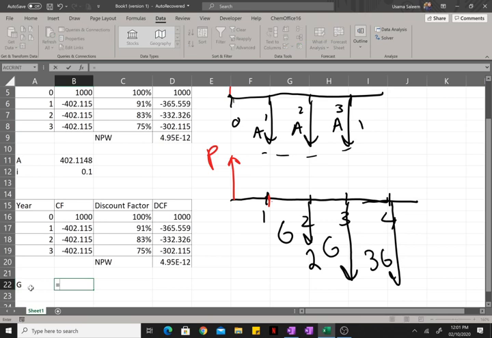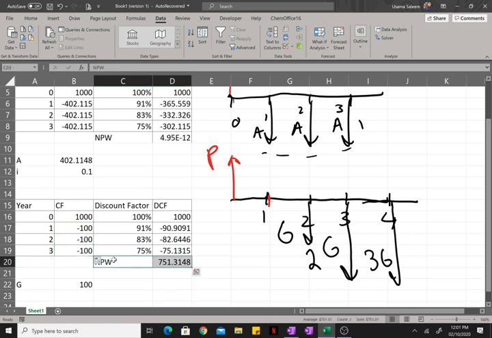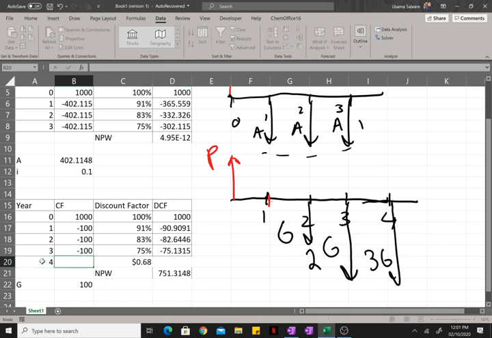Let's say my initial guess for the gradient payment is $100, and of course I need to switch this to my new reference, make that an absolute value, and drag it down.